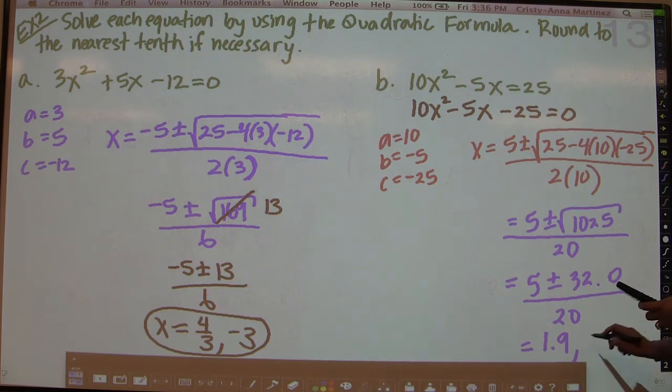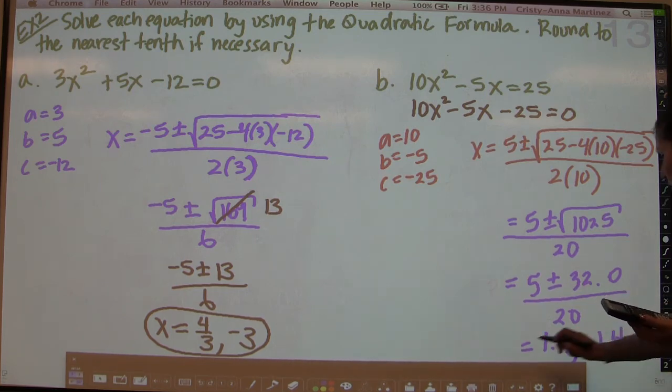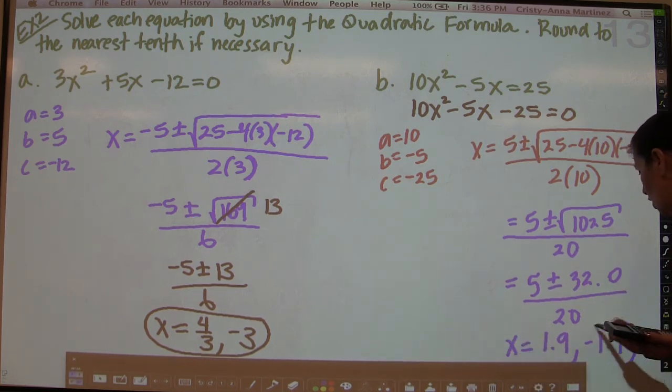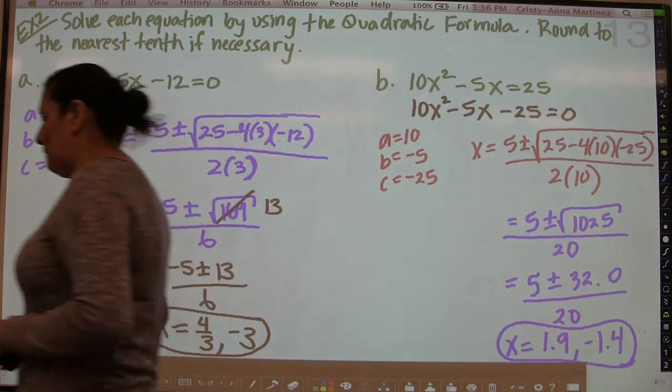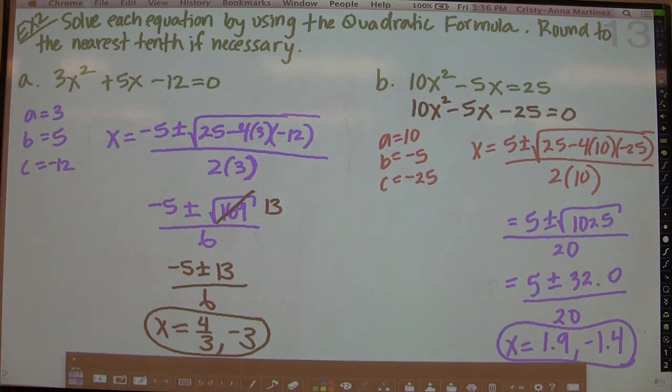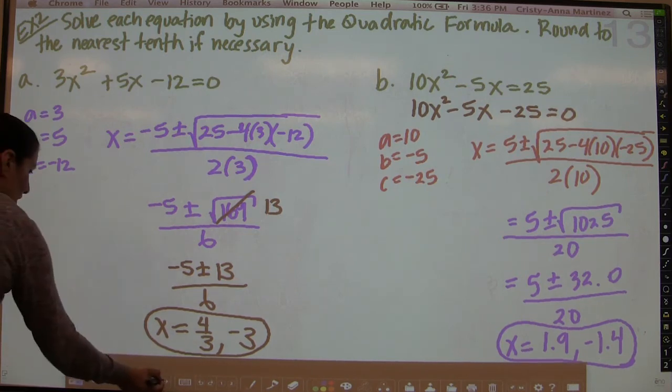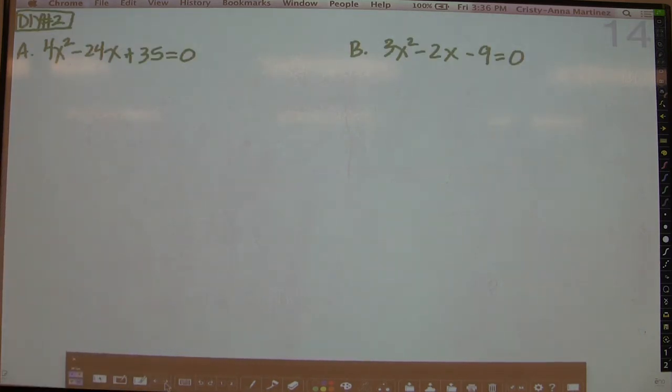And that's going to give us negative 1.35, or rounding to the nearest tenth, negative 1.4. So our two solutions are positive 1.9 and negative 1.4. So now you will try these two, and then we will go on to our next example.